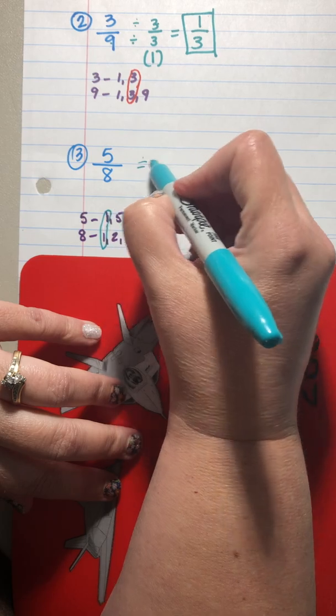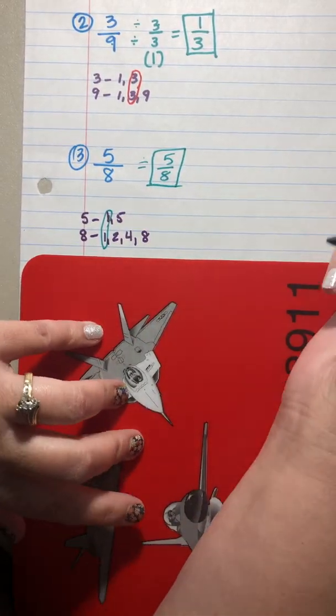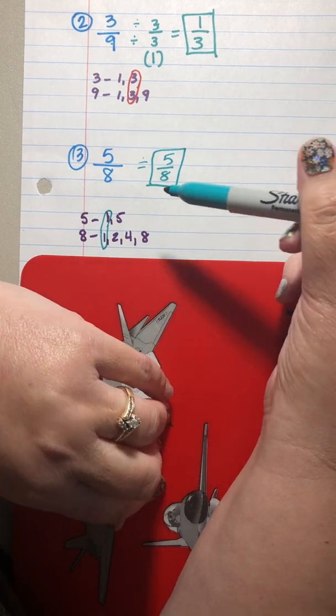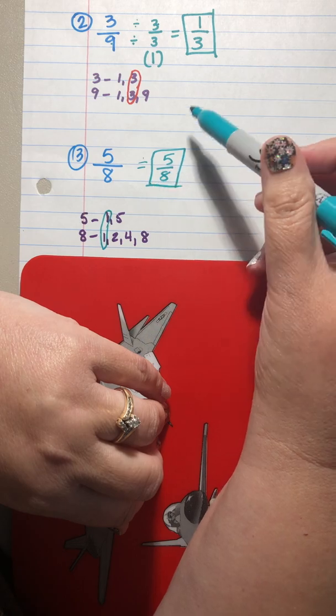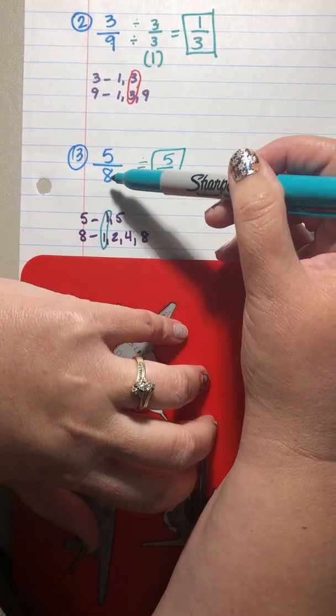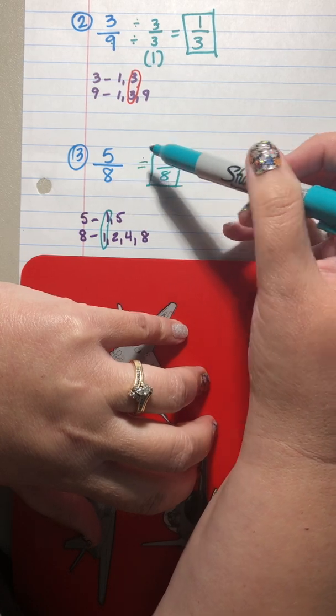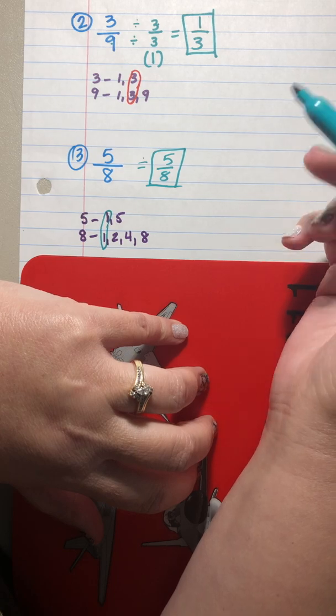So 5/8 stays the same. Not all fractions can be reduced any further. When the numbers are only divisible by 1, then it is at its lowest reduced fraction.